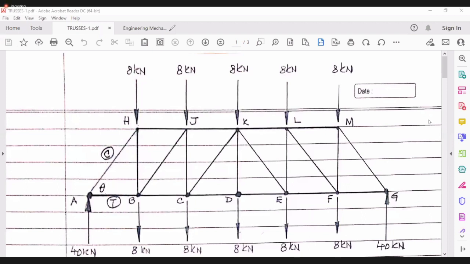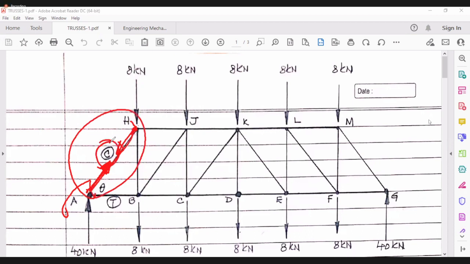Now, same way, element AH is pushing the point A in this direction. So this point is pushing AH in this direction. So point A is being pushed in this way. So H also must be pushing it this way. So AH is in compression.